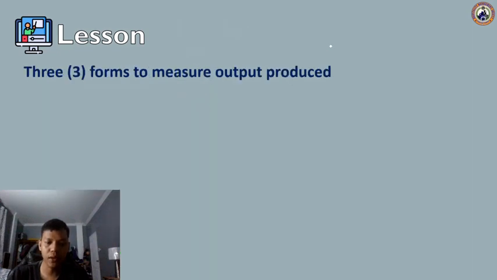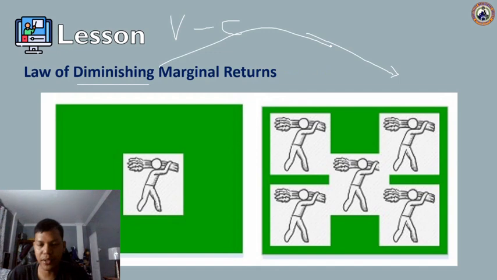Again, the law of diminishing marginal returns is a theory in economics that can predict when the optimal level of capacity is reached, and adding a factor of production will actually result in a smaller increase in output.